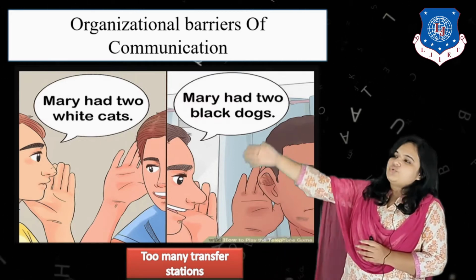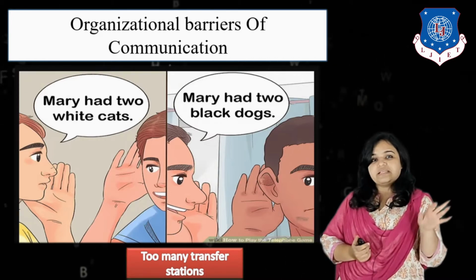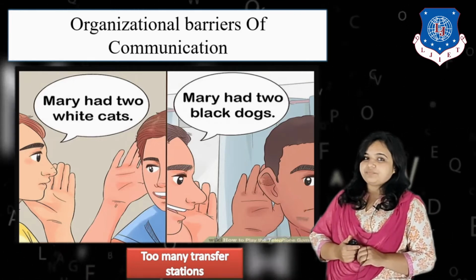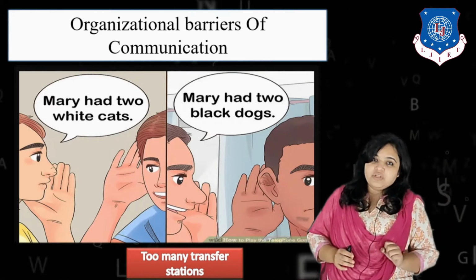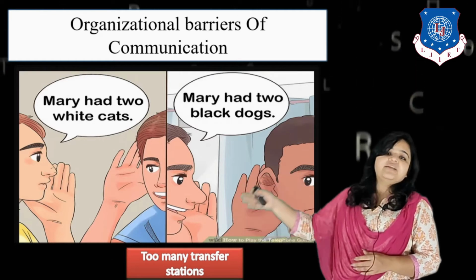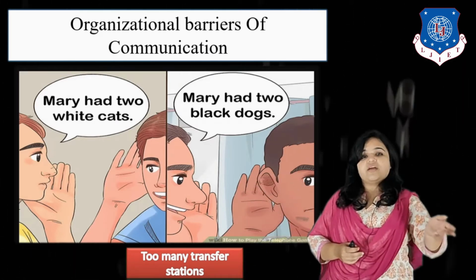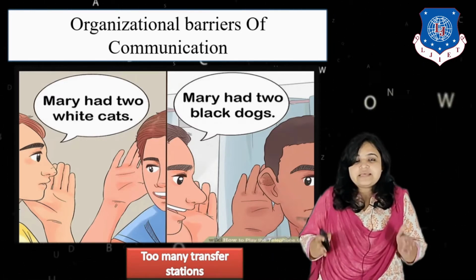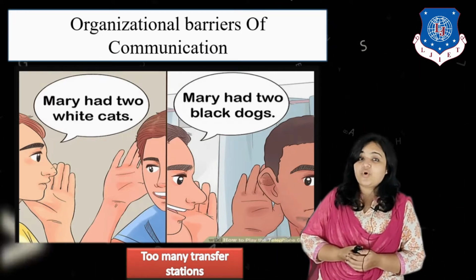He told student Y, please communicate to Jay that the project will be signed after some days because ma'am is going out of station. Now we have 4 people involved in this communication. Y actually told Jay, get your report signed today as ma'am is going out of station after 3 days. So this is what happens when too many transfer stations are involved.